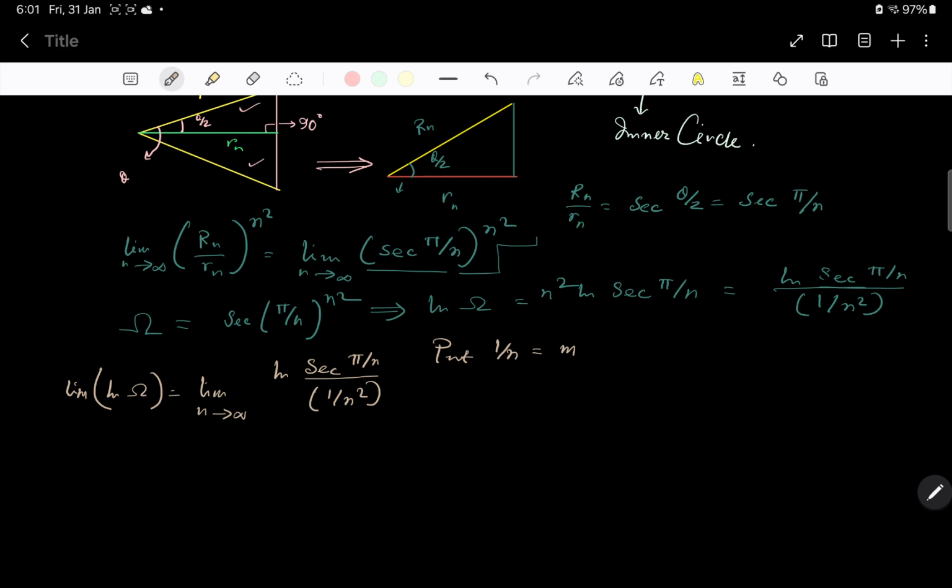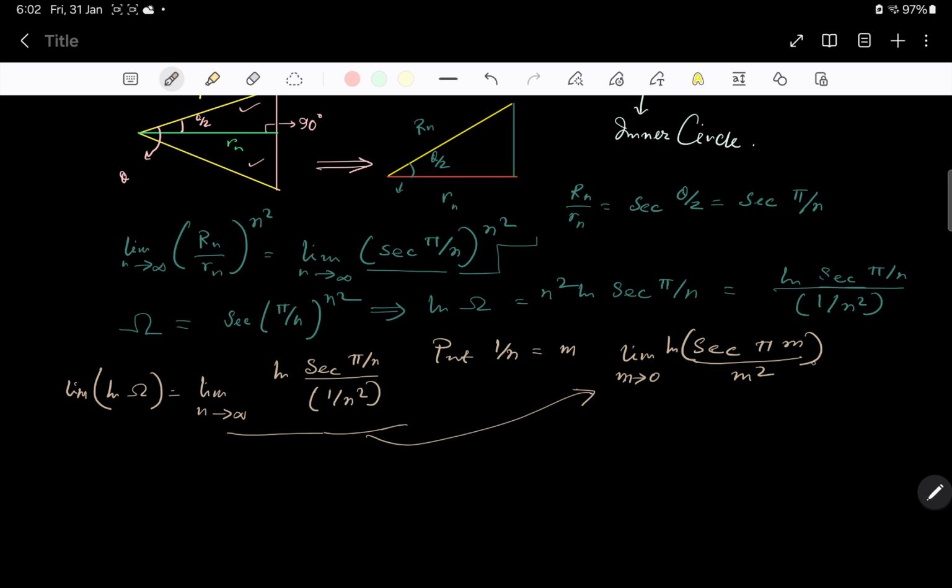Okay, so this will be the limit as m goes to 0 of log sec pi m over m square. I'm sorry, there is a log outside.